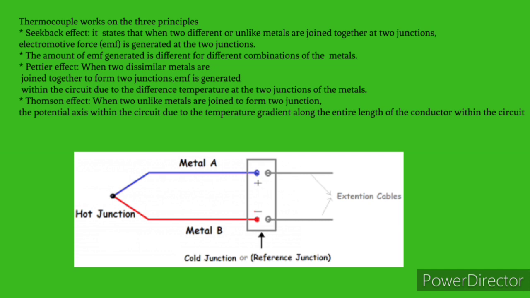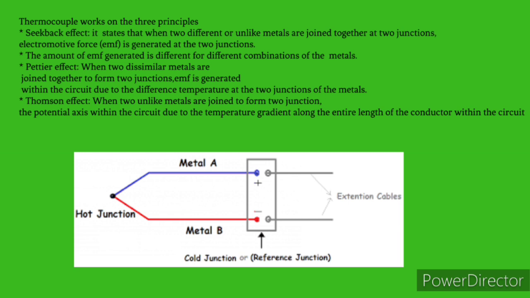Let us see the Peltier effect. Before we move into the Peltier effect, there is one drawback of the Seebeck effect. The Seebeck effect only states that when two dissimilar metals join together, they form a junction, and because of the formation of the two junctions, the EMF is created. But it does not explain how this EMF is generated at the two junctions. The Peltier effect explains clearly how this EMF is generated.